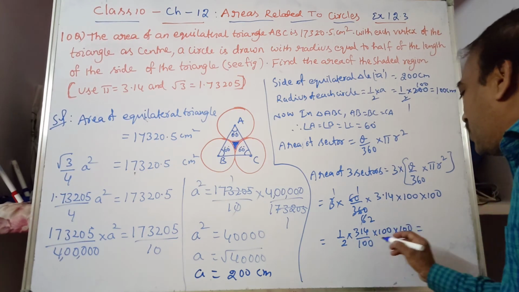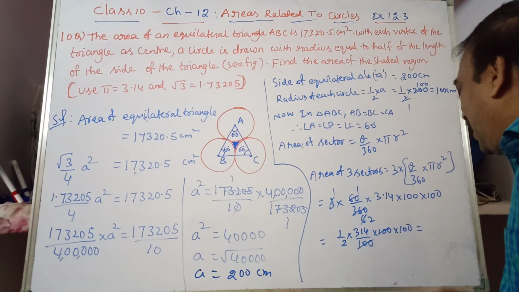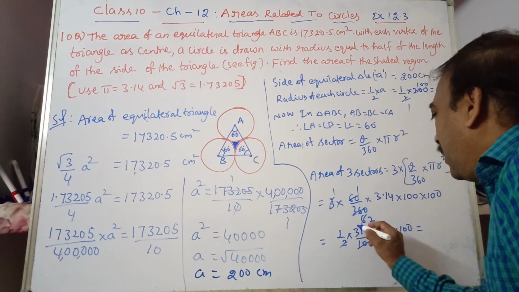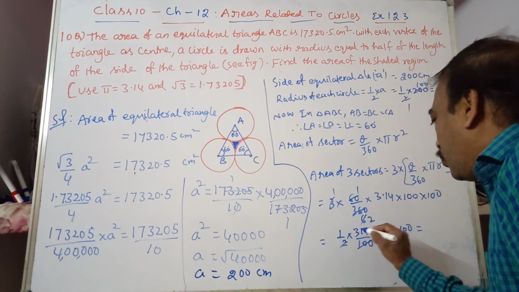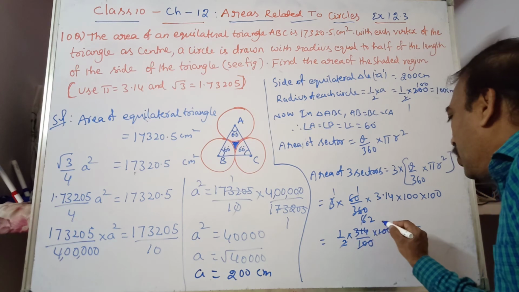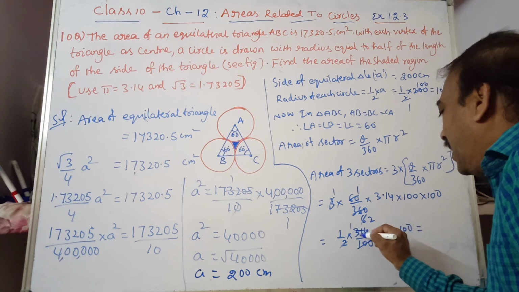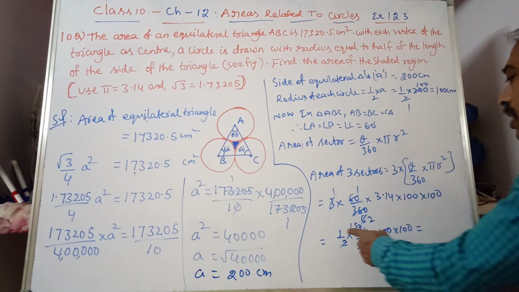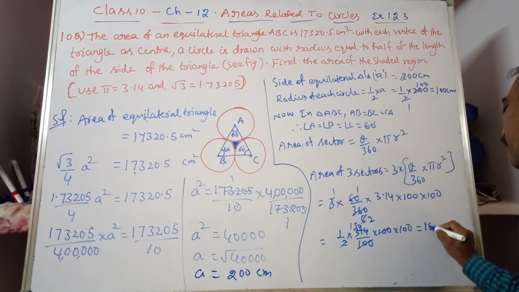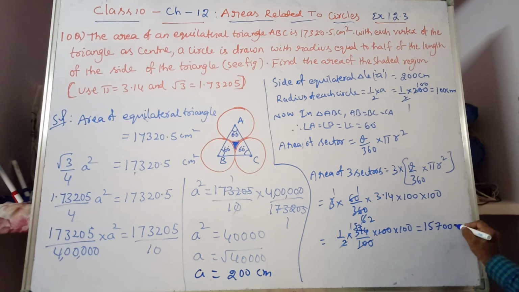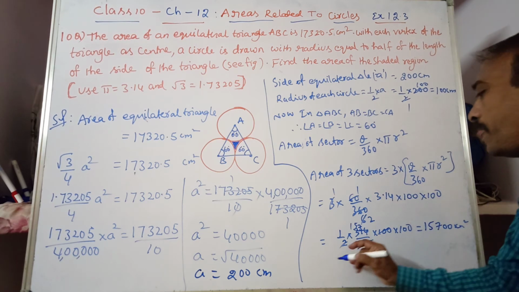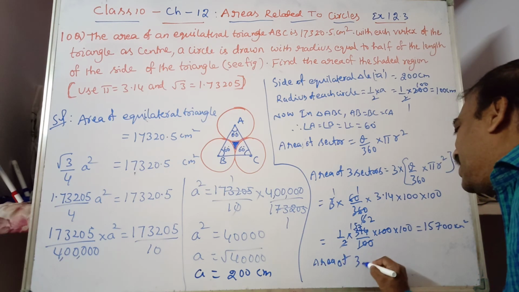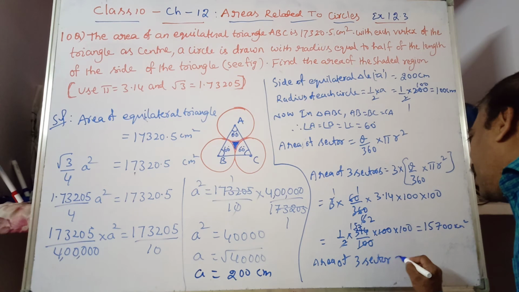Now you see, 100 and 100 cancel. Now 2 twos, if you cancel here, 2 ones are 2, and 2 fives are 10, 2 sevens are, so 157. 157 into 100 is 15,700 centimeter square. This is the area of 3 sectors.